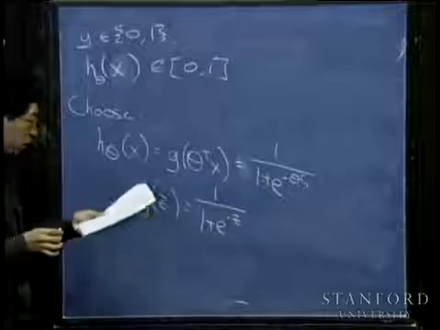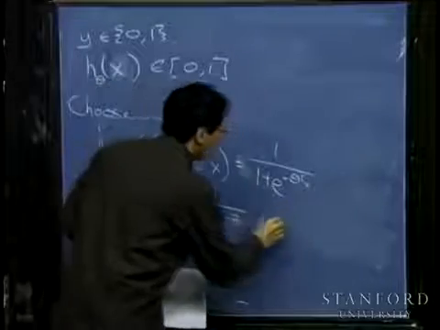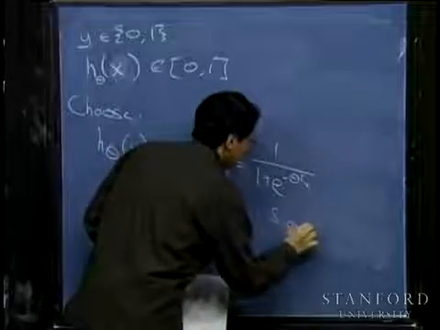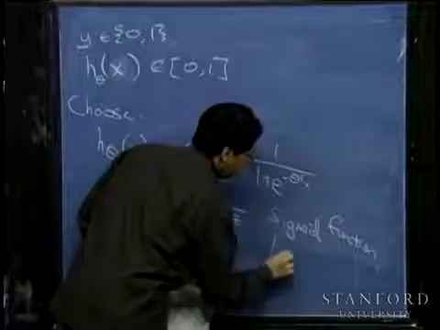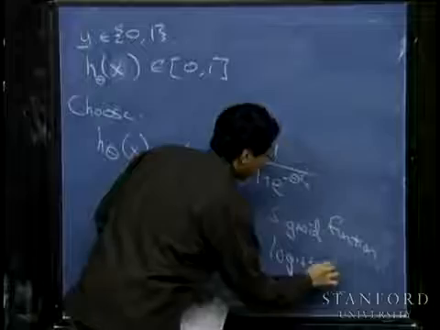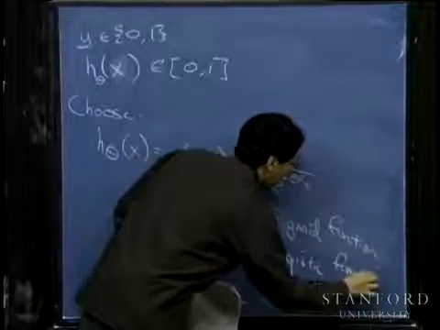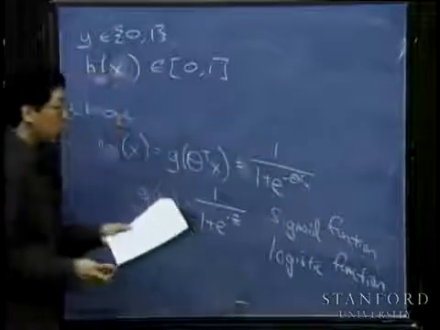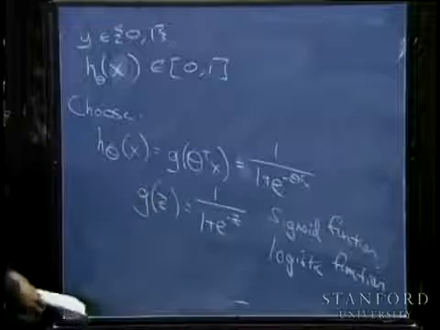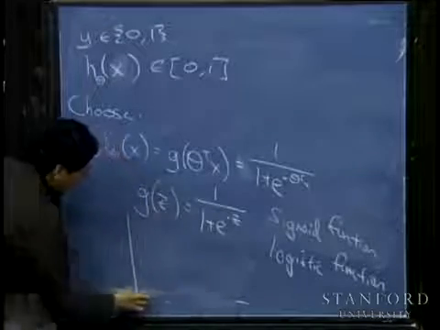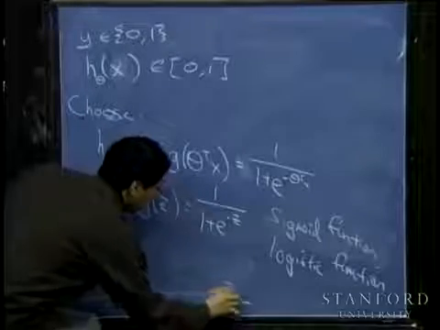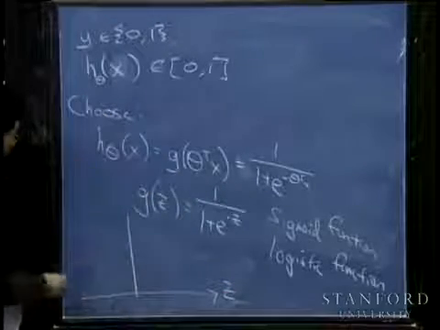Okay. And g of z is called the sigmoid function, and is often also called the logistic function. It goes by either of these names. And what g of z looks like is the following. On the horizontal axis, I'm going to plot z.